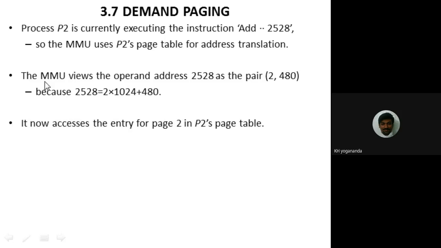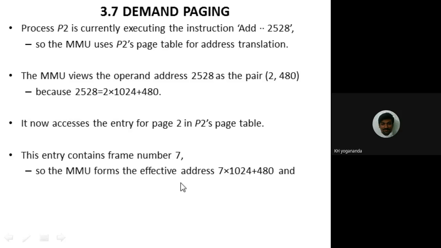The MMU uses the p2 information and 480 and provides an address translation of 2528. And thus we saw that at page 2 there is page frame number 7, which will be replaced there. Further continuing, we can obtain the effective address after replacing the page number with the page frame number.